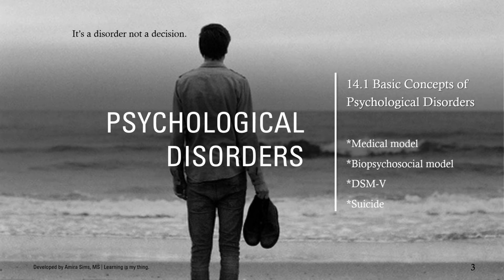Finally, the social part. The social has to do with the person's connection to other people. So the biopsychosocial model says if we want to influence someone who has a psychological disorder, or we want to understand this person, we need to consider the influences of biology, psychology, and sociology.